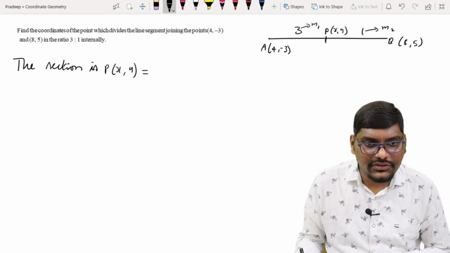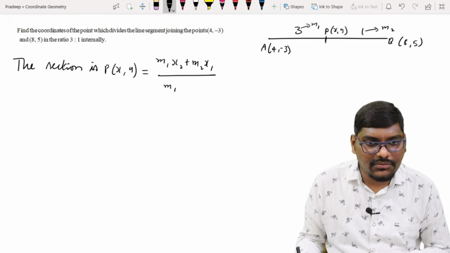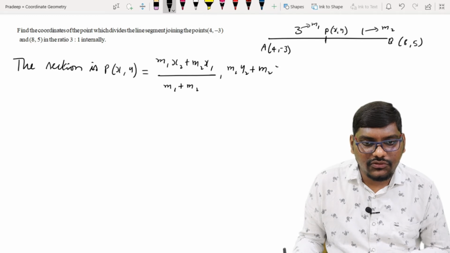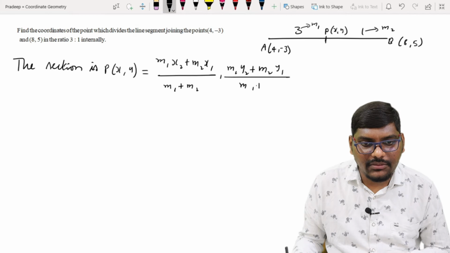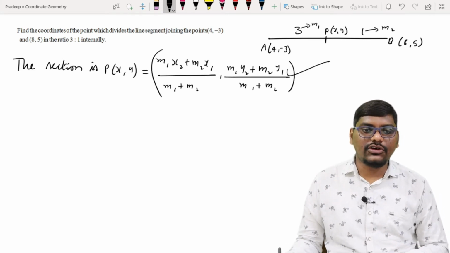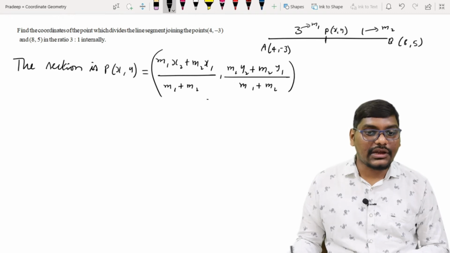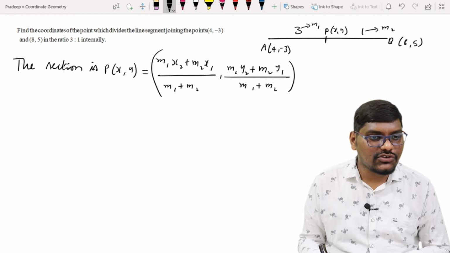The formula is (m1 x2 plus m2 x1) by (m1 plus m2). The next thing is (m1 y2 plus m2 y1) by (m1 plus m2). So this is the section formula which you could observe. Using this formula we'll find out this point. This is very simple, we'll just go forward.